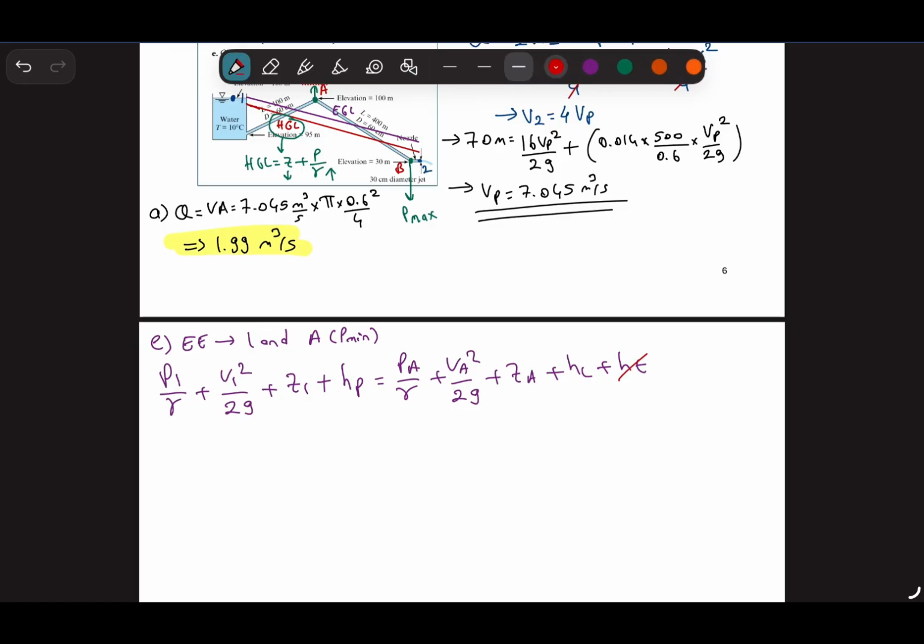But we don't have turbine, we don't have pump, and the pressure and velocity at point 1 is still 0. And this time, of course, we cannot say this is 0 because we have pressure. This is inside the pipe, and this will be P min. And actually, VA will be equal to velocity within the pipe. So we are also not changing that.